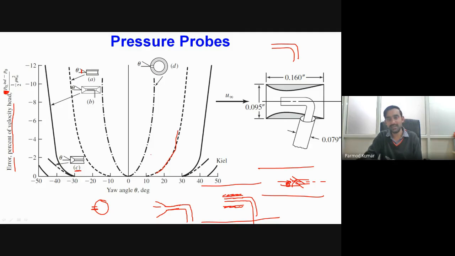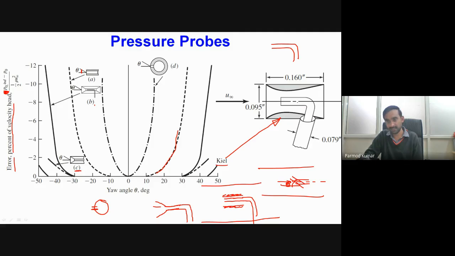And then the very last type of pitot tube, which is known as the keel-type pitot tube, has this corresponding structure: a two-tube arrangement as shown in the B-type pitot tube, but the only difference is that the external tube, instead of having a constant cross-section, is a Venturi-like external tube.